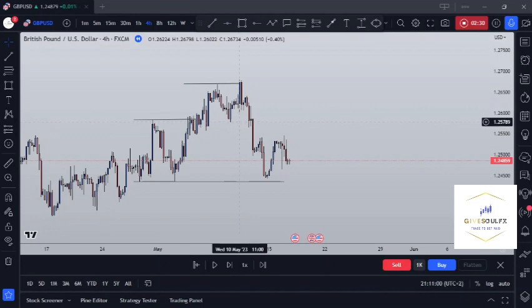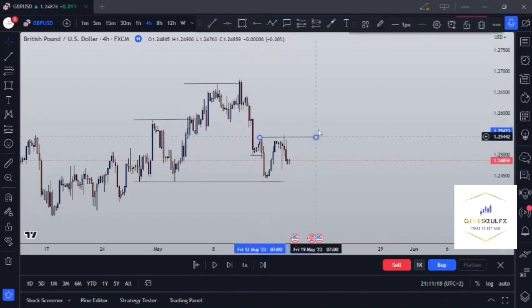I have a break of structure here, failed to retest here, going down, another break of structure here. Okay, let me just do another break of structure here with a point of interest above this.